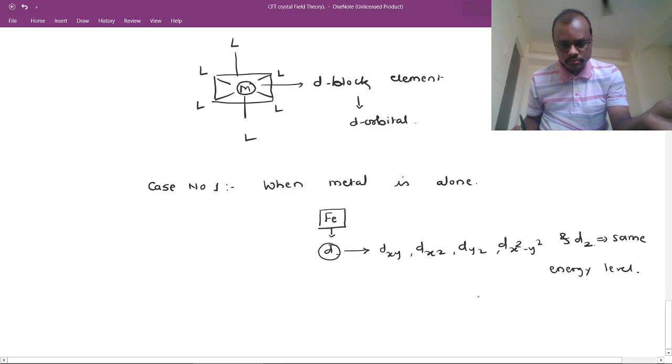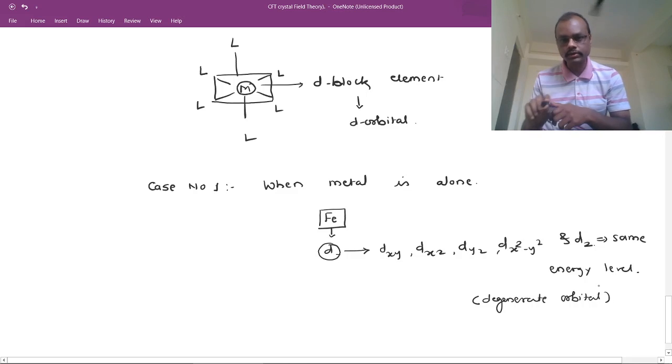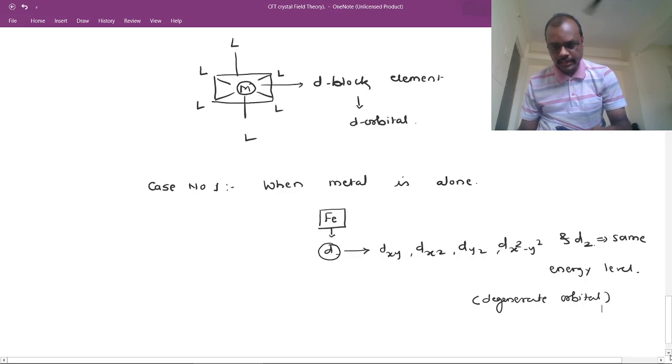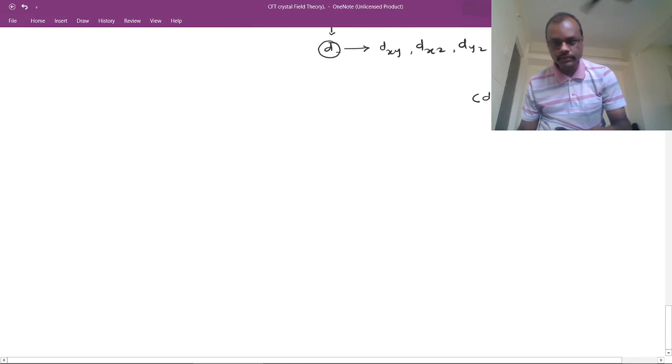So these are called degenerate orbitals. This is the first idea that I am getting in the absence of ligand.